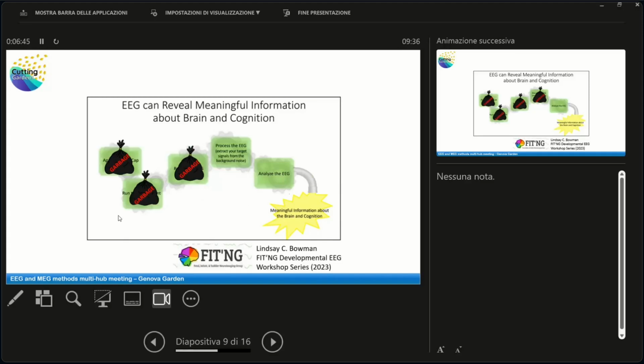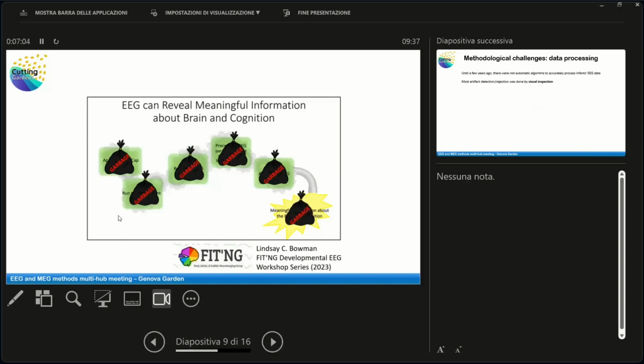It doesn't matter, we can even apply the best processing analysis, the best algorithm to our data, but still if we have garbage at the beginning, so if we can't acquire good data from the beginning, then this garbage we will carry on for the whole process, and at the end, the answer that we have from our data is just garbage.